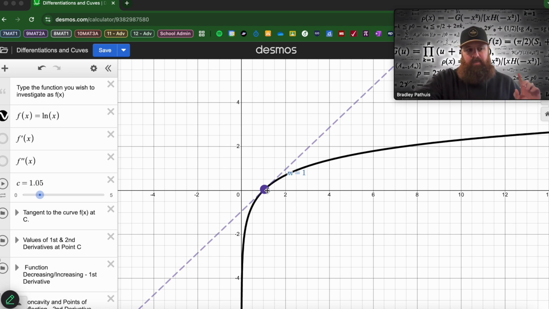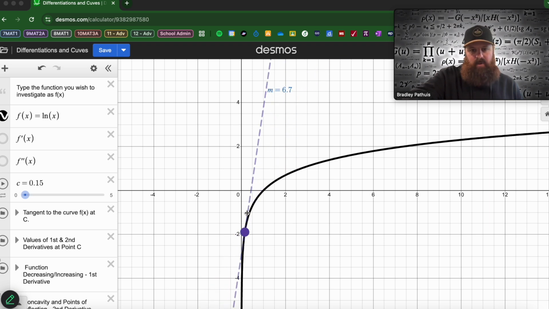One thing to remember when we're finding the derivative of something is that the derivative can only exist where the graph exists. So if we have a look at this ln of x graph, its domain is x must be larger than 0. So our derivative will only exist for x larger than 0. If I grab that around, we're going to get close to the vertical asymptote.